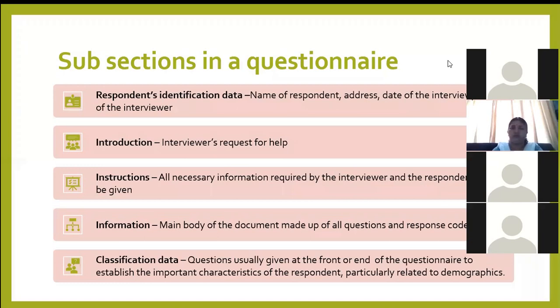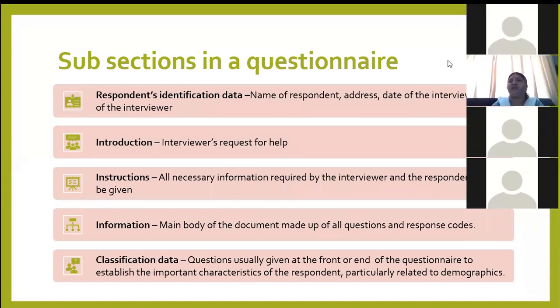That means the question part and questions and responses. If we are giving predefined answers, or options A, B, C type of options, then that must also be given. So the information part is the part where the respondents are giving information.